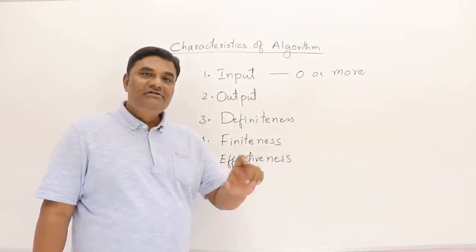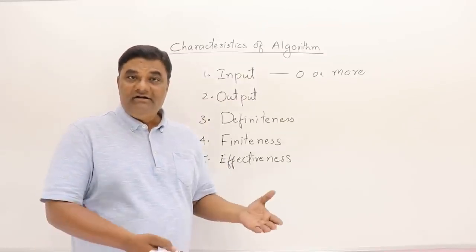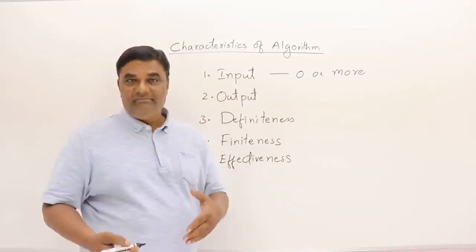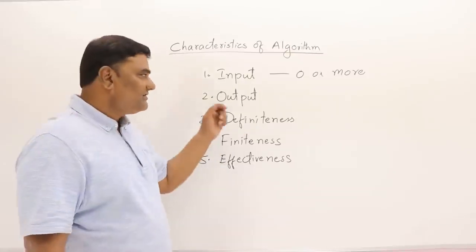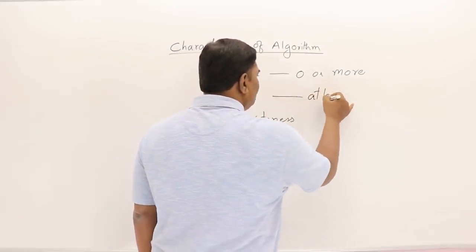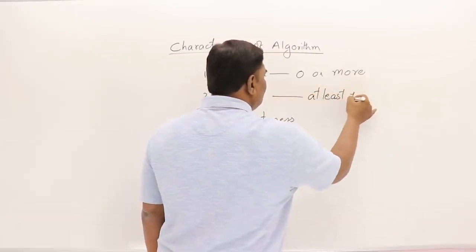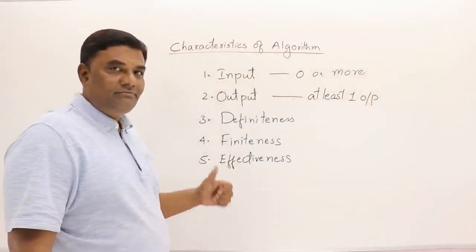If it's not returning, we say void. But it does something definitely. Even if there is no return type, the function gives some result definitely. That's what is the output. At least one output.